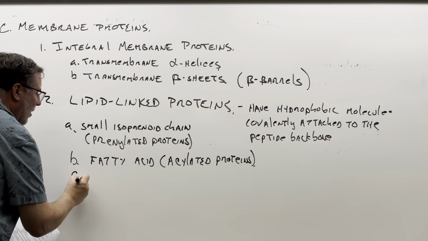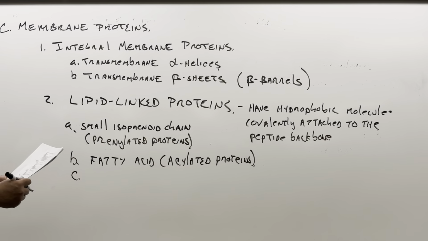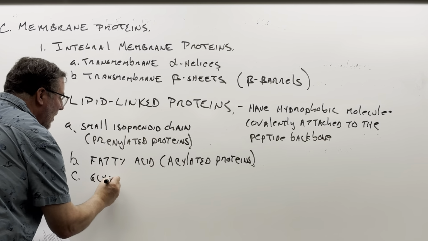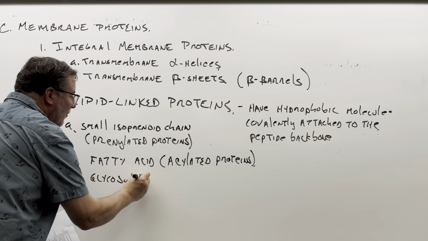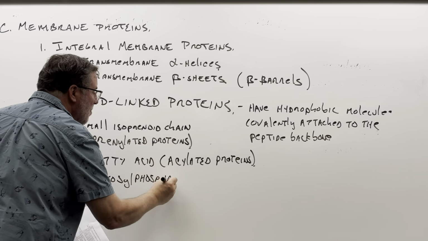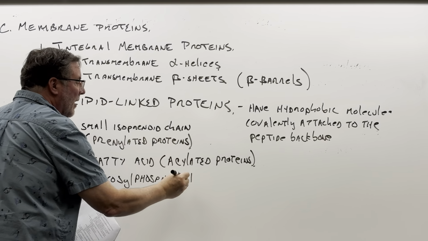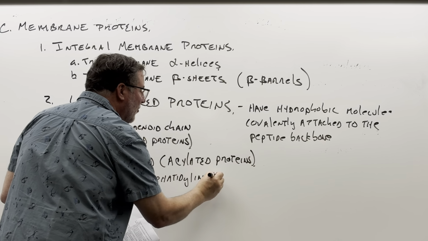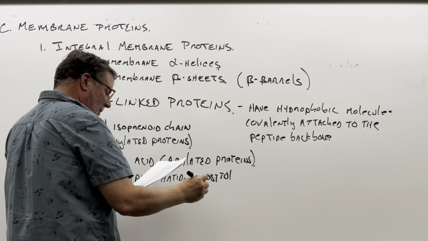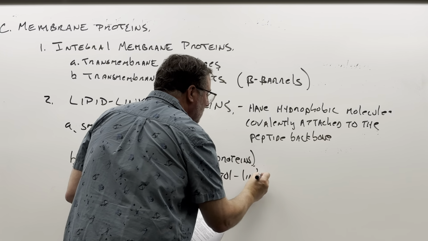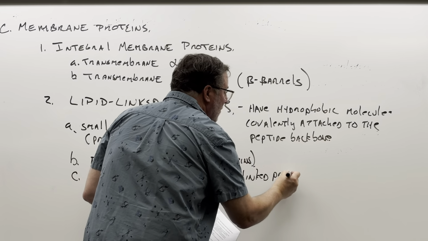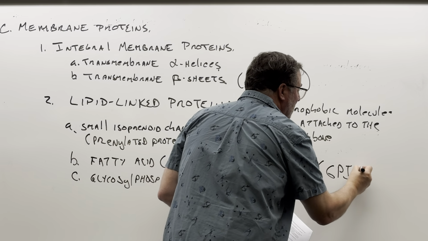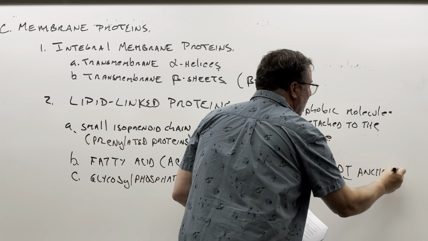And the third way, I'm going to write this one out, is glycosylphosphatidylinositol linked proteins. This is conveniently known as GPI anchors. And I'll show you a picture of the structure of that in a second.